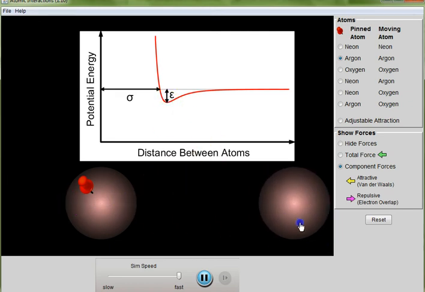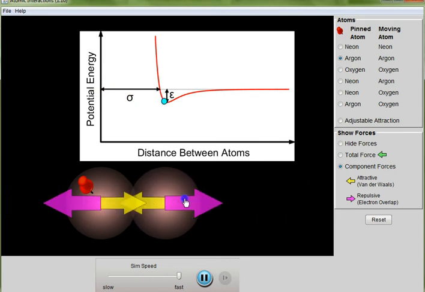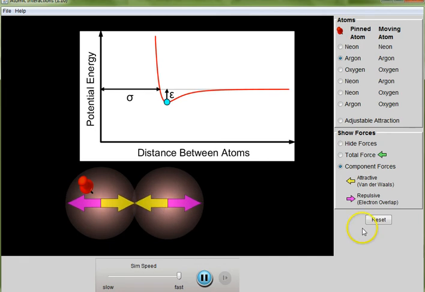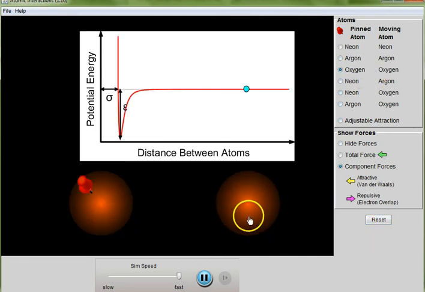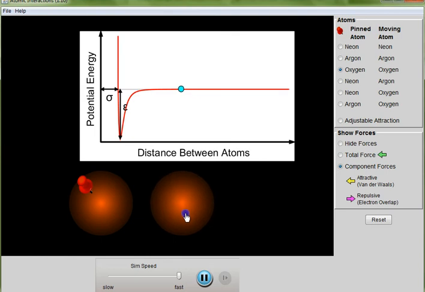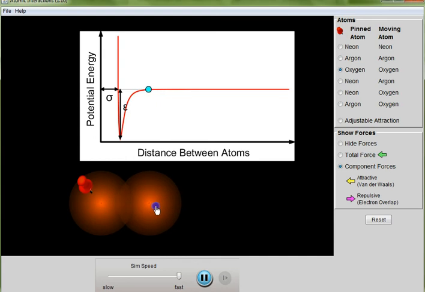This is the potential energy for each atom, it's higher up here, and this is the potential energy for the molecule, it's lower, and therefore they will form a bond. If you look at oxygen, the drop in the potential energy is a lot, correct? The energy is dropping from here to a very low value.